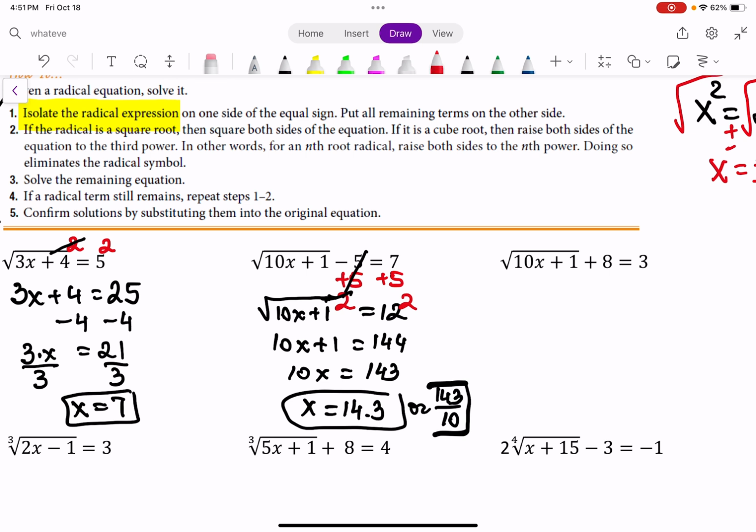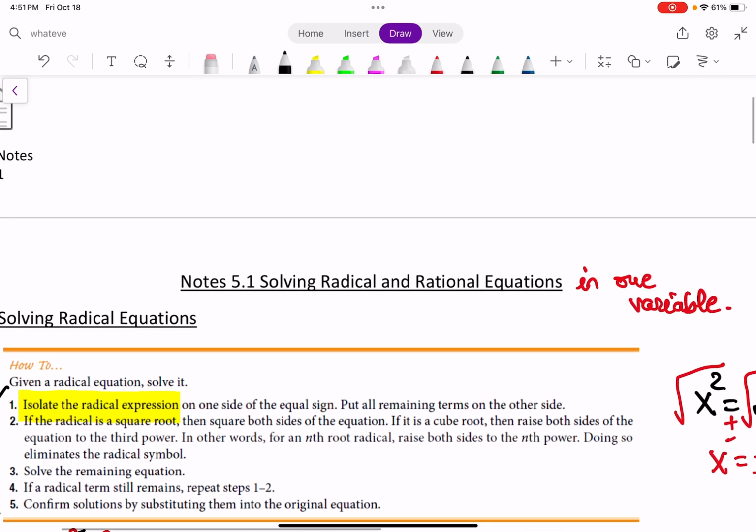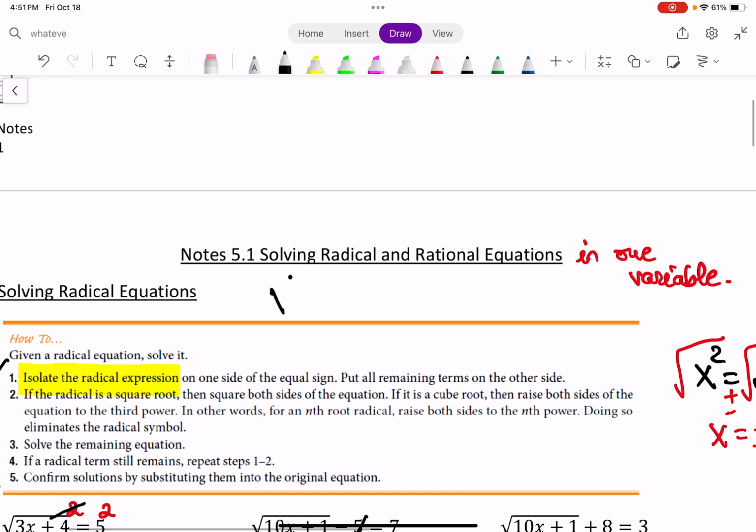Let's do this again. I'm going to minus the 8. So I have the square root of 10x plus 1 this time is equal to negative 5. So we should be stopping right here and recognizing that this equation is just not going to work. This symbol here, let me put this on for you, is called the positive square root of a number.